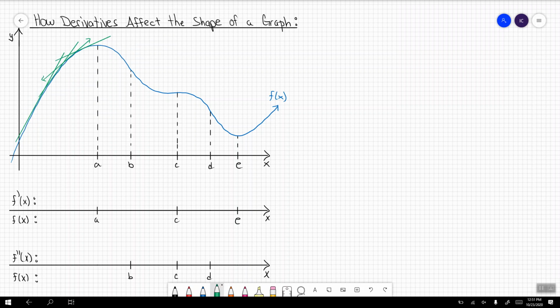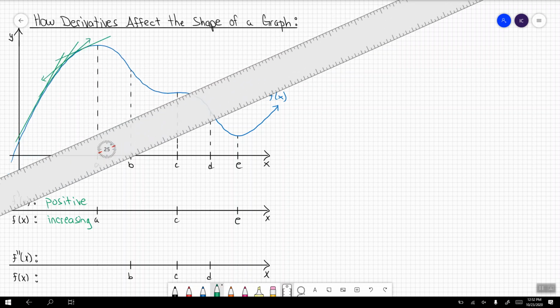So that's one of the things that we definitely get to see here, that on the interval from negative infinity to a, our function is increasing. However, the derivative of the function on any point on that interval is going to be positive. And again, we can start viewing this as well for any part of the function that will be increasing.